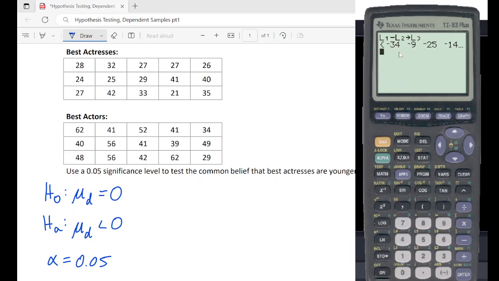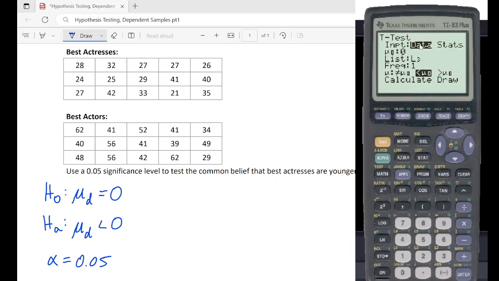And now all the differences between the ages are given. And you can always go back to Stat, Edit just to see L3 with all the differences between the ages. Now we can get on to the hypothesis test. And since we're just dealing with L3, we're going to go to Stat, Tests, and we're just going to do a t-test.